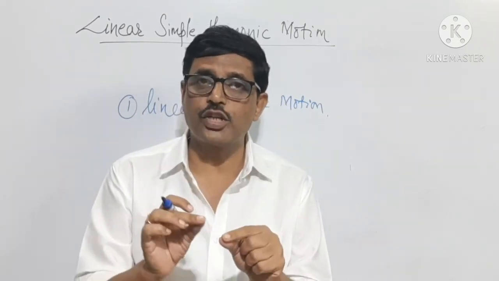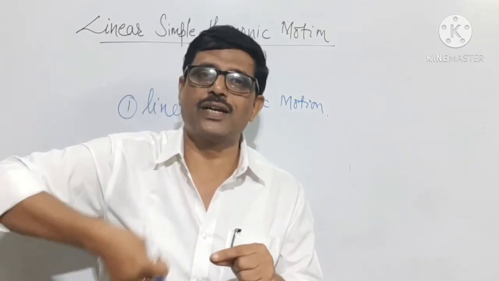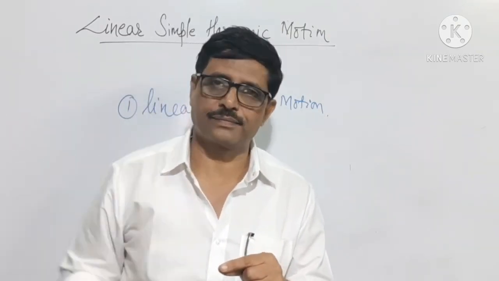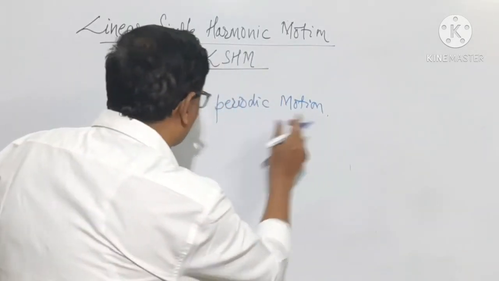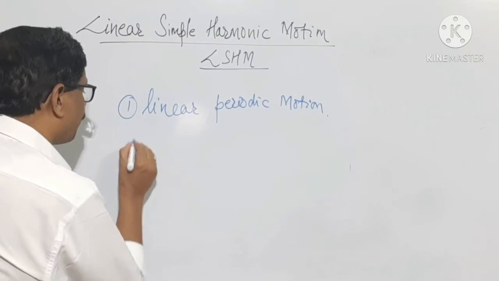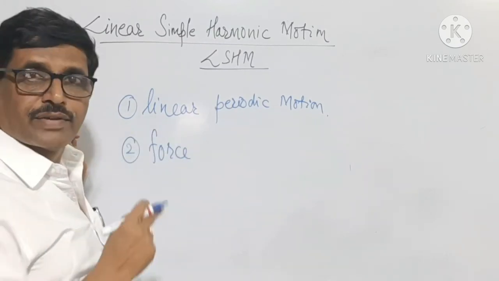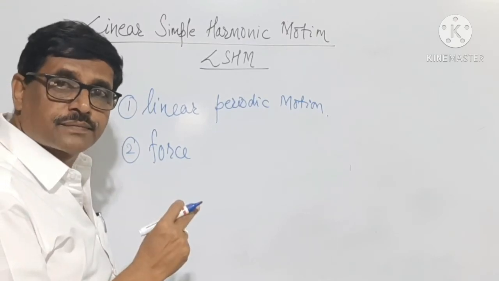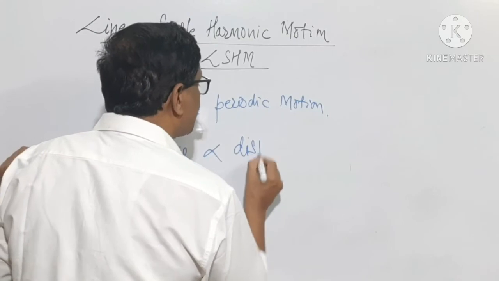This simple harmonic motion is a linear periodic motion. Linear means it is along a given straight line. This linear simple harmonic motion is linear periodic motion in which the force is directly proportional to displacement.